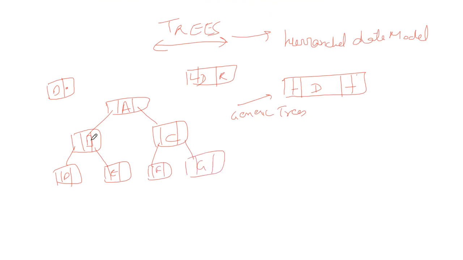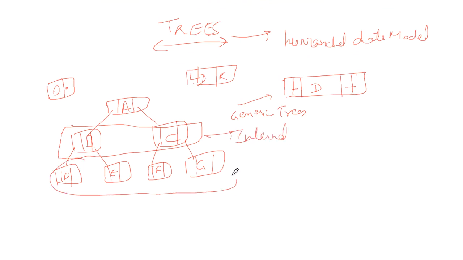Now these nodes are called internal nodes. These nodes are called leaf nodes, and this node is called the root node. Similar to our linked list, where the start node we used to call the head, here we'll call it the root.